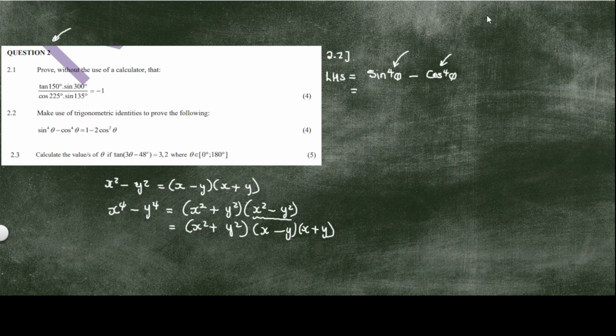So what I'm trying to say is that the moment the exponents are even numbers, and between the two variables there's a negative sign, it means that in order to simplify that, you're going to use the difference of squares.